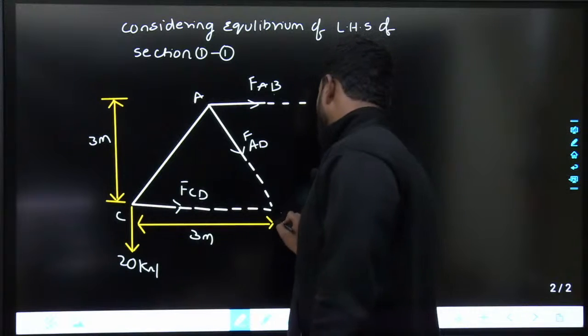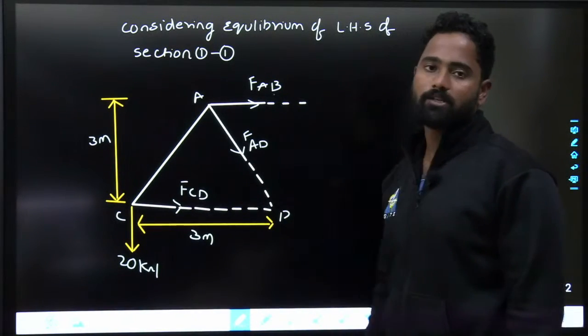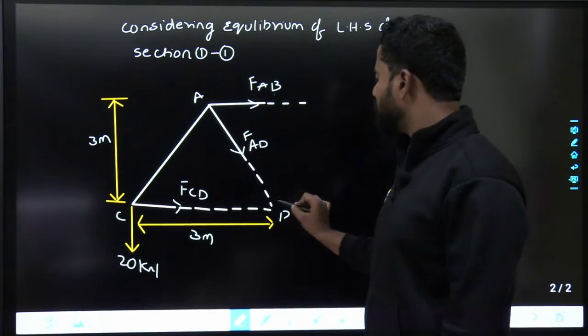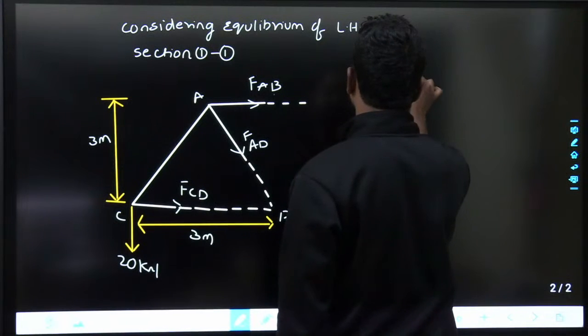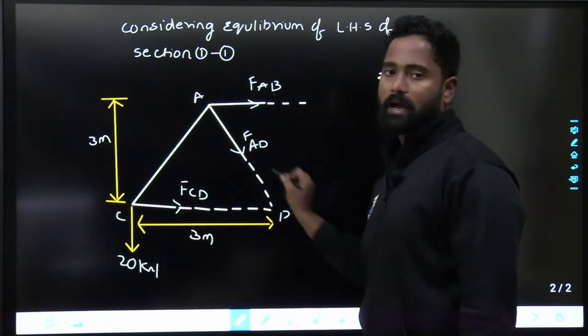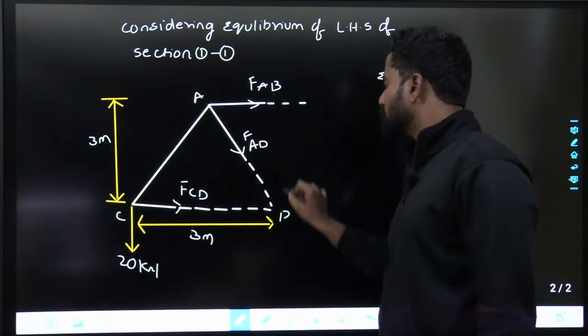This is D. If you see, members AD and CD are meeting at joint D, and you want only the force in AB. So directly taking moments about D, you will get the answer. Summation of moments about D equals 0. 20 into 3 is anti-clockwise, and FAB into height is clockwise.